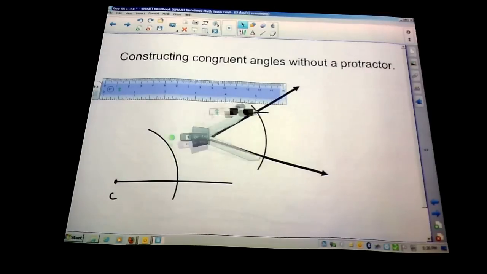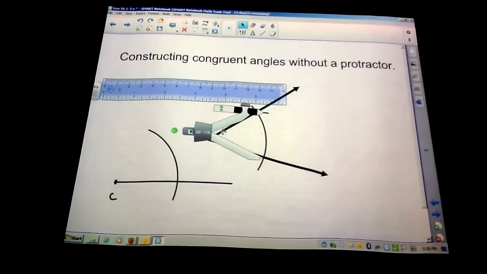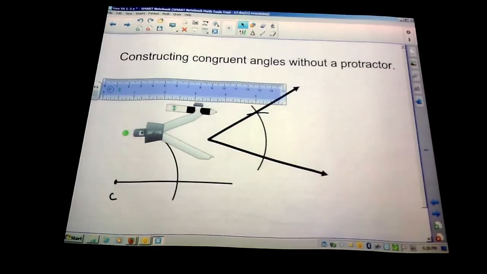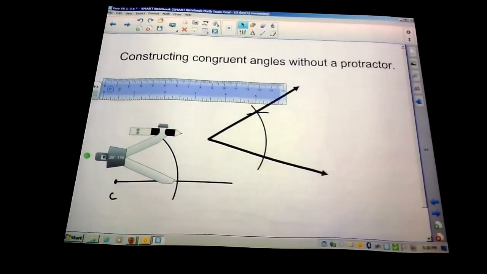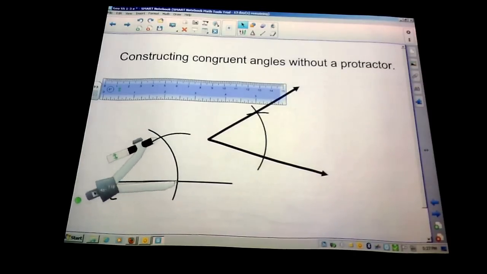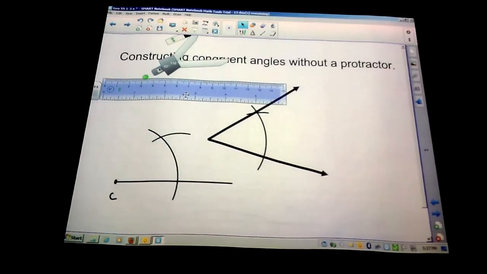And mark it on there so that you can see that you got the correct length marked on your compass. And now you're almost done. You just have to take the compass and put the point on this intersection, and we're going to mark that same arc so that we can see that intersection point on our construction.